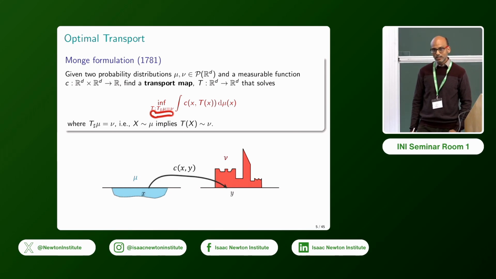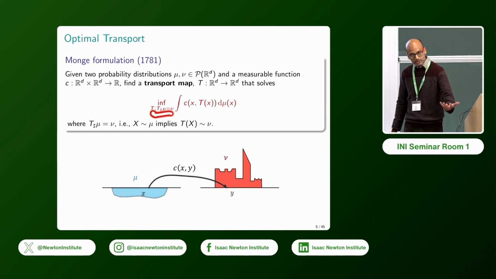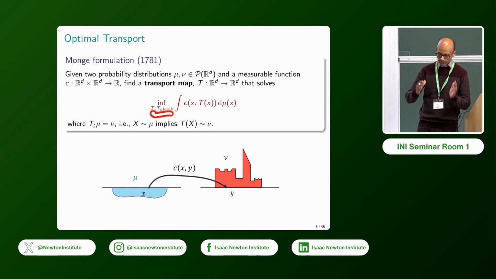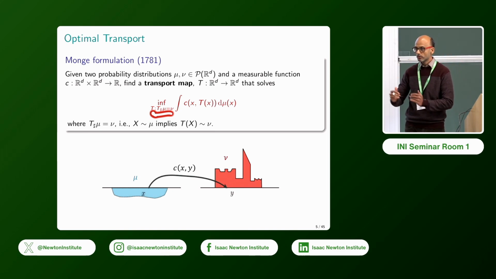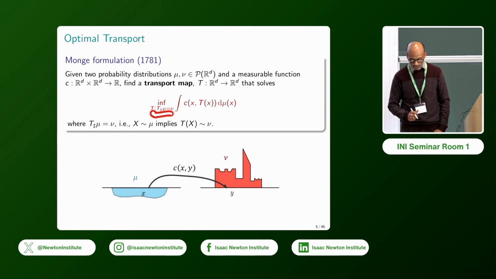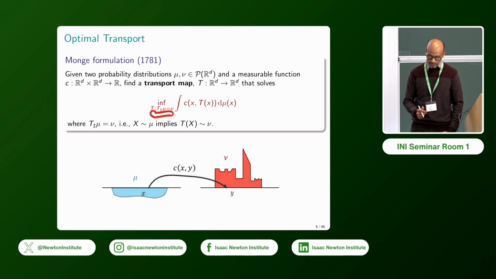Of course, there is a cost involved in doing this transportation, so we want to find the map T that makes the overall cost of transporting from mu to nu most effective. This is the problem that Monge formulated.